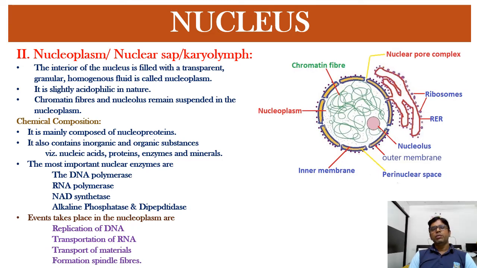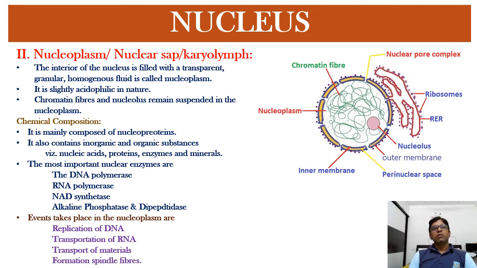And materials like proteins, enzymes, and other inorganic materials are transported from cytoplasm to nucleoplasm and nucleoplasm to cytoplasm through nuclear pore complexes. Formation of spindle fibers during cell division is also one of the events which takes place in the nucleoplasm.